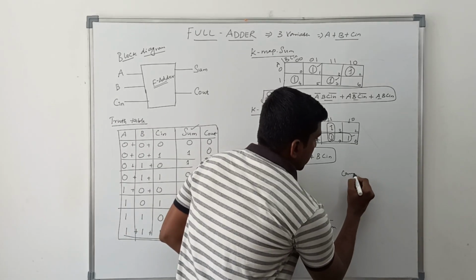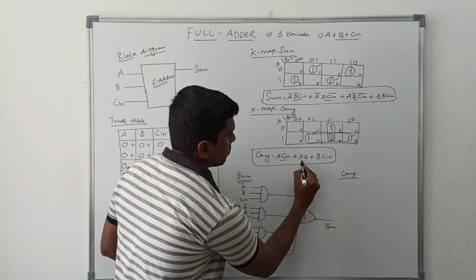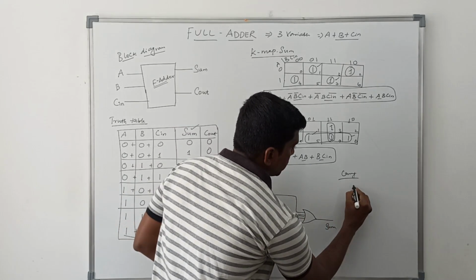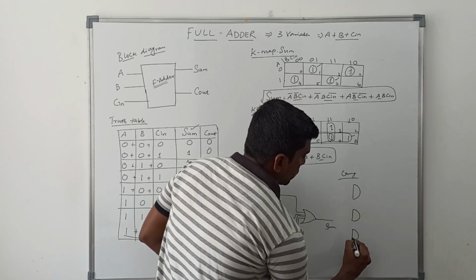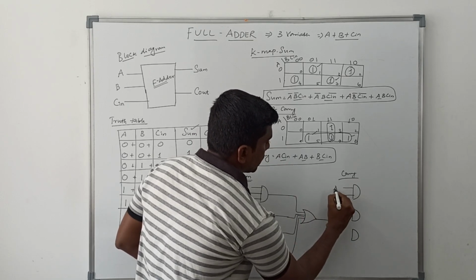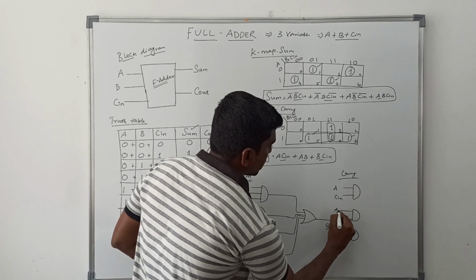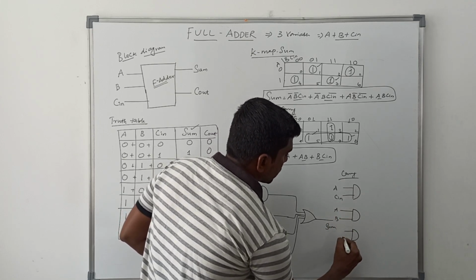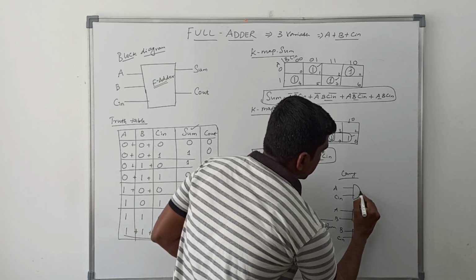Now I draw the logical diagram for carry. In this carry expression we have 3 product terms, so I draw 3 AND gates. First AND gate input A C in, second AND gate input A B, third AND gate input B C in.